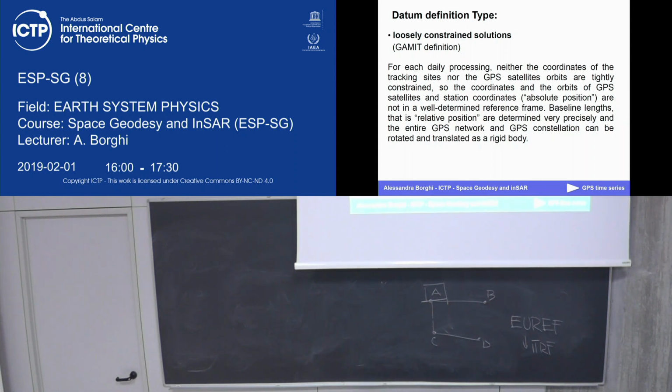It means that we started to say, okay, the coordinates of the satellite are known, so we don't have to estimate these coordinates. In the GAMIT approach, they also compute the position of the satellite, but they have the ephemeris, so they have a good approximation of this estimate. But they have this loosely constrained approach.